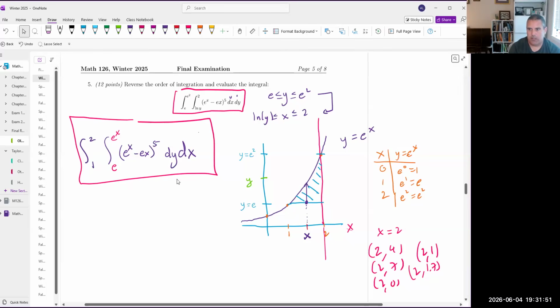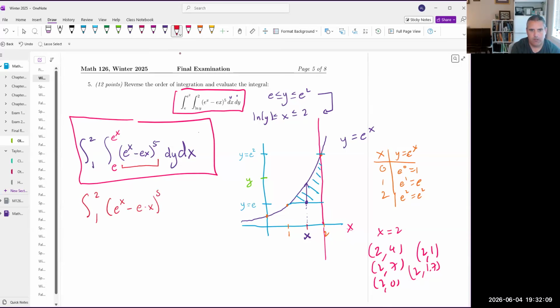Yeah, how do you integrate it? Because there is no y here, you can even pull all of this out to here. So the advantage of what we've just done is now the inside integral is much easier. I imagine people got stuck after that.